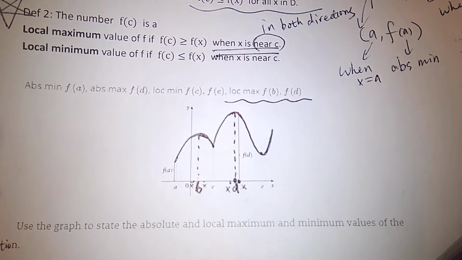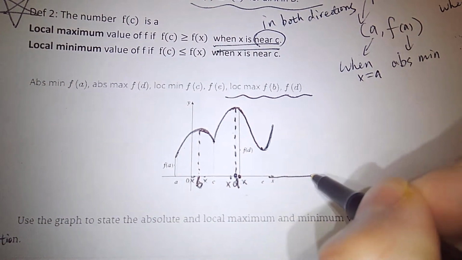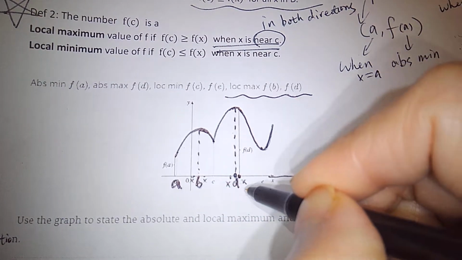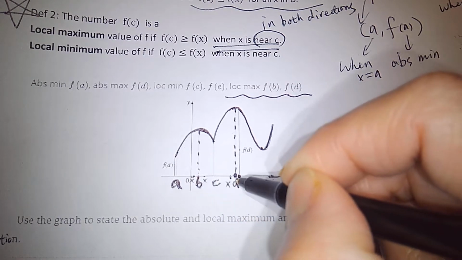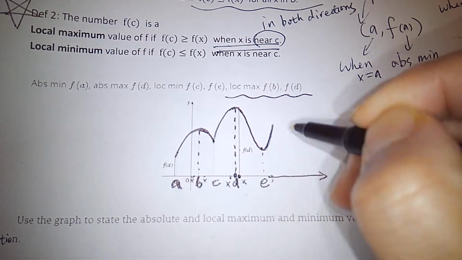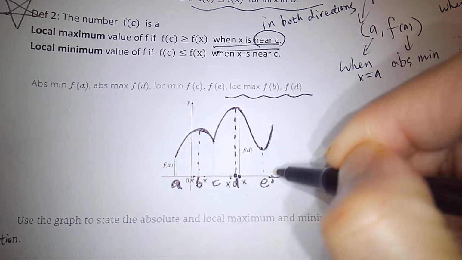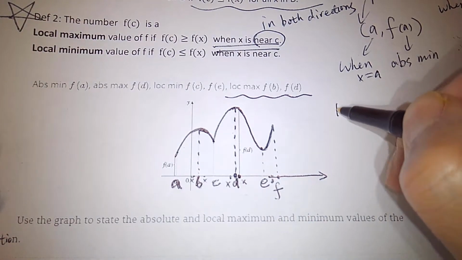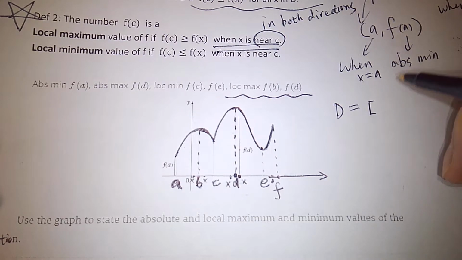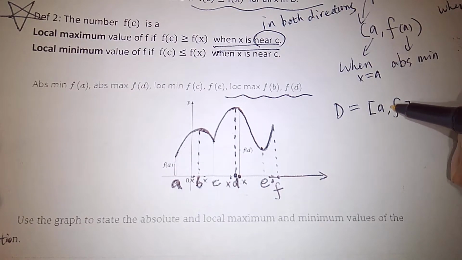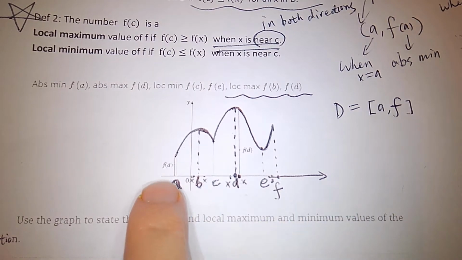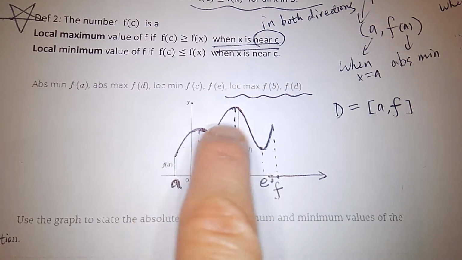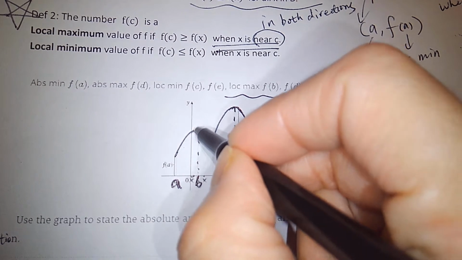Okay, now guys, I'm going to ask you a question. This is A, this is B, C, D, and this is E. I would say that this is F. The domain is from A to F, a closed interval from A to F. Just now for the local maximum values, we can tell this is a local maximum, the locally highest point, right?